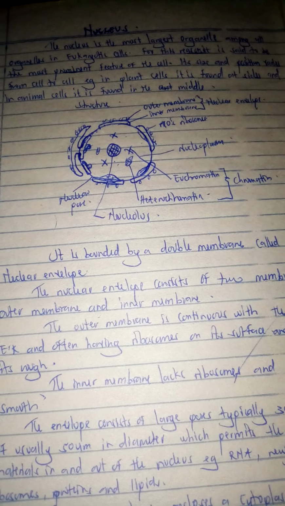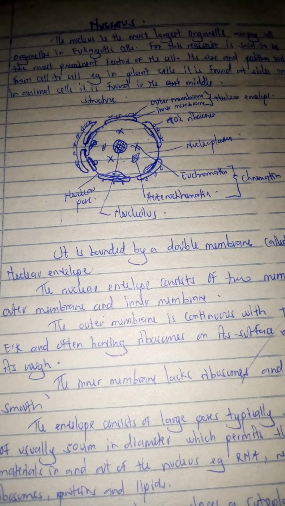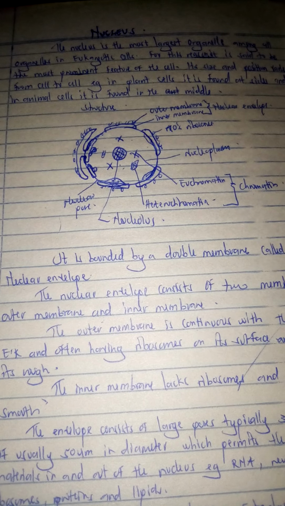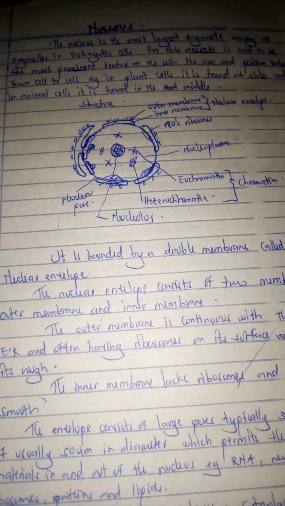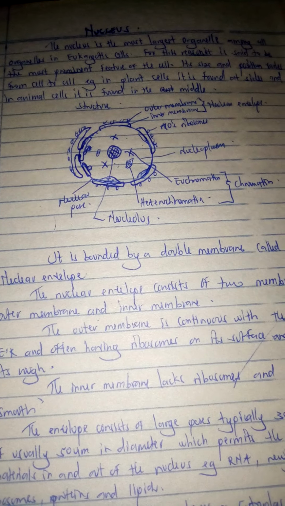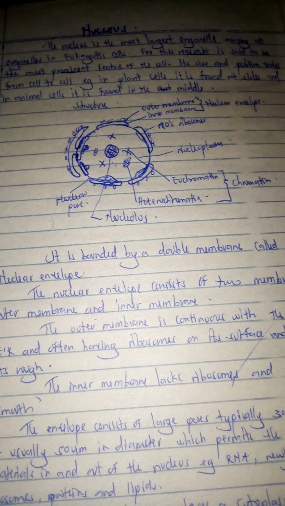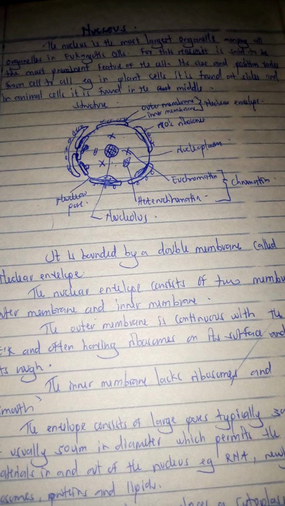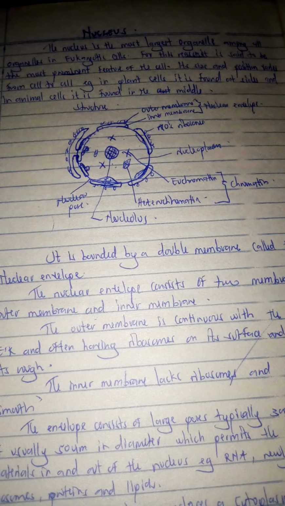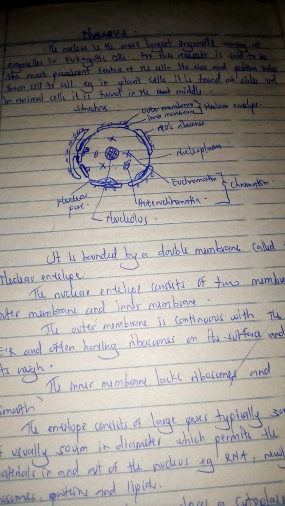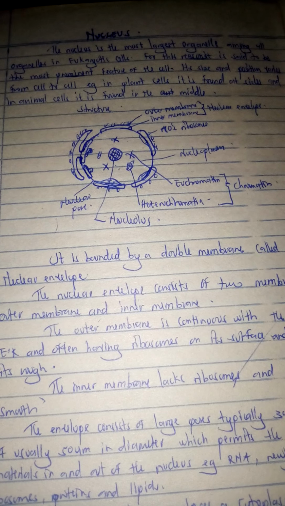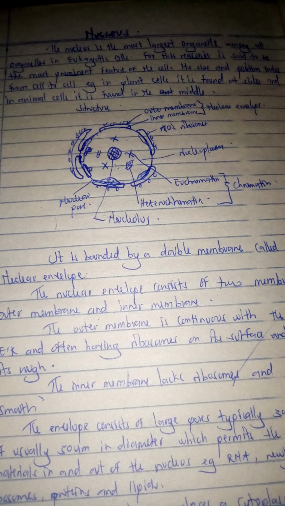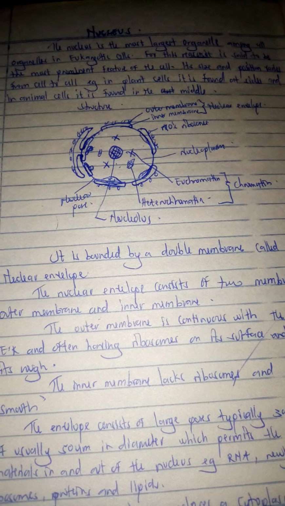As you can see, the nucleus is the largest organelle among all organelles in eukaryotic cells. For this reason, we say it is the most prominent feature of the cell. Its size and position vary from cell to cell. For example, in plant cells it is found at the sides, and in animal cells it is found in the middle.